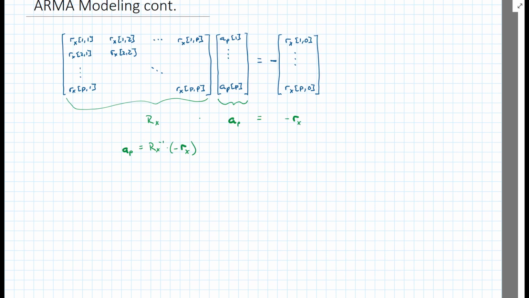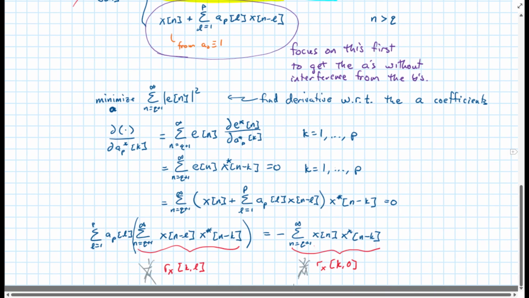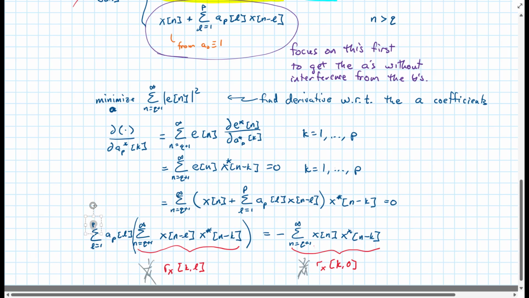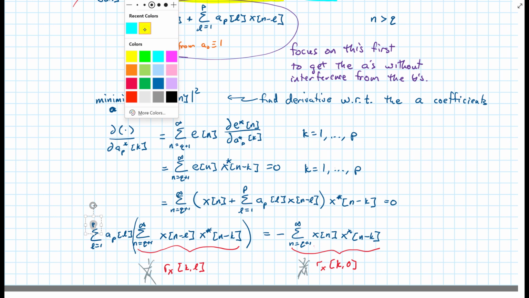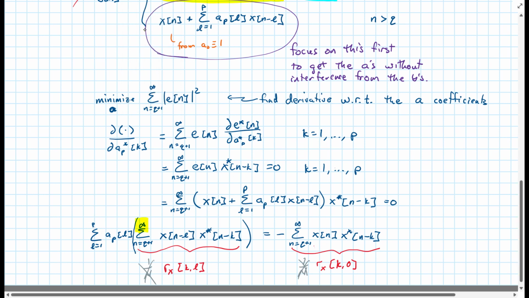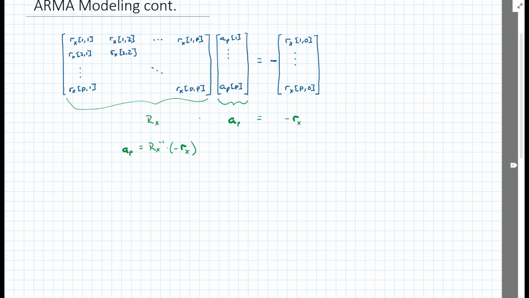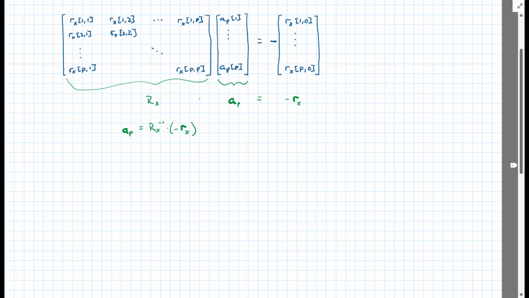Well, to come up with our values of R_x, we had sums, you may recall, that were infinite, which generally slows down computation on most computers. And so we will instead write things just a little bit differently. We can actually choose however many samples we want to do this.